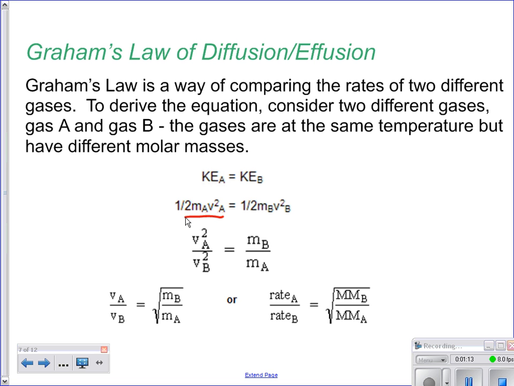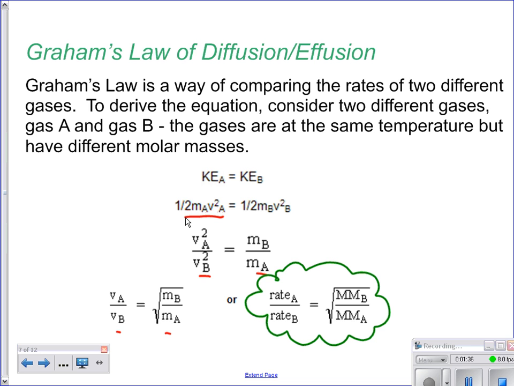gases travel. So here we have a little bit of a derivation going on where we've got our velocities and masses, and we continue on with that derivation until we get to this one right here, where we say the rate of one gas divided by the rate of another gas is equal to the square root of their molar masses.